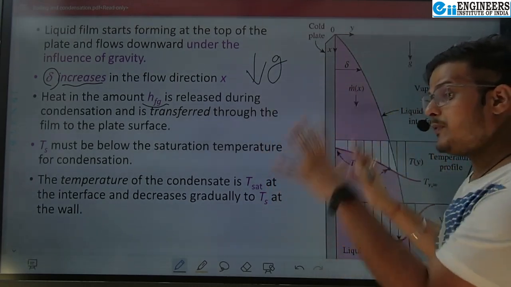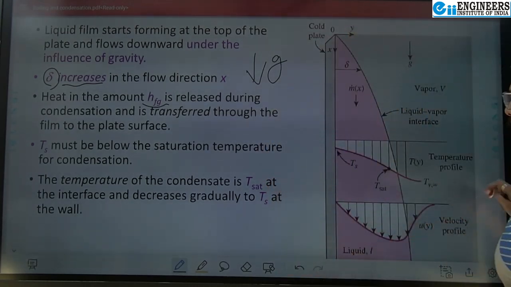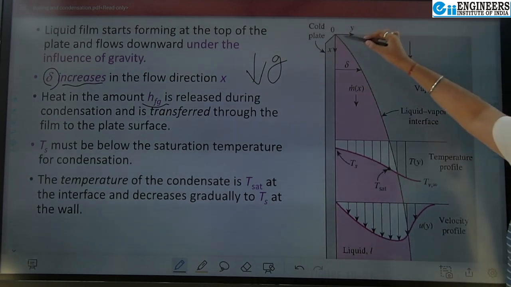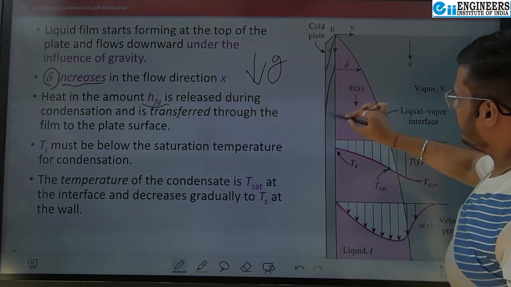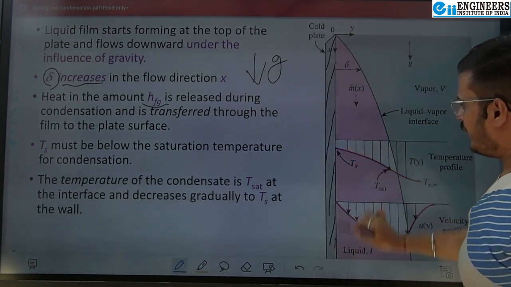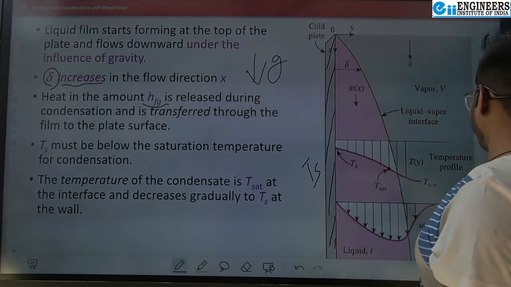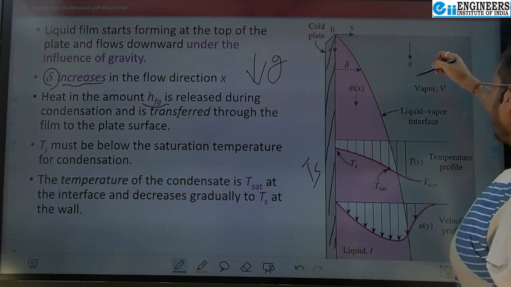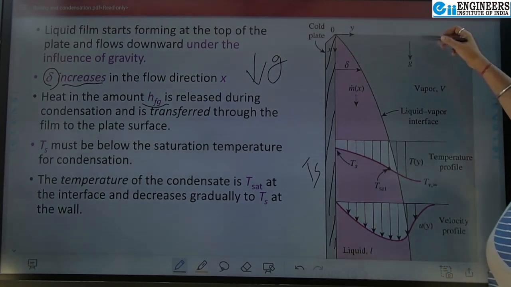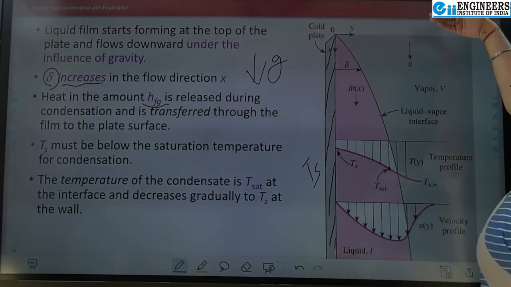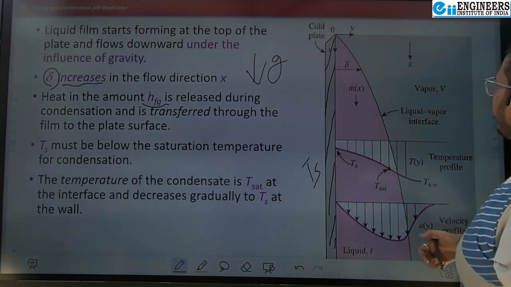So let's picturize this in a diagram. Suppose this is a plate, let me shade this. Suppose the surface temperature of the plate is Ts and this is the vapor. Under the action of gravity, the vapor will flow in the downward direction.